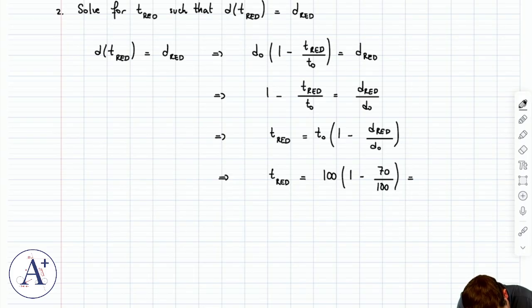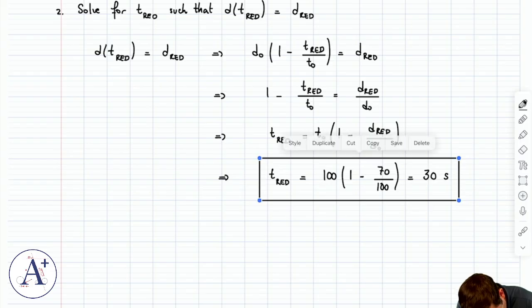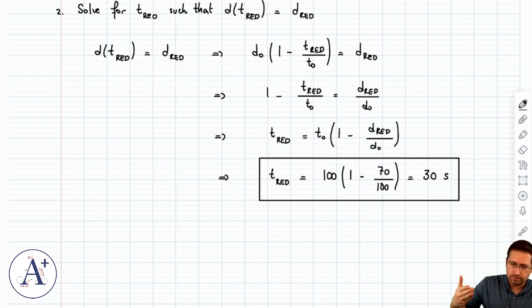That's going to be 0.3 times 100, which is 30 seconds. Okay, after 30 seconds, the thickness of the film is 70 nanometers, allowing red to interfere constructively, and therefore the film then appears red.